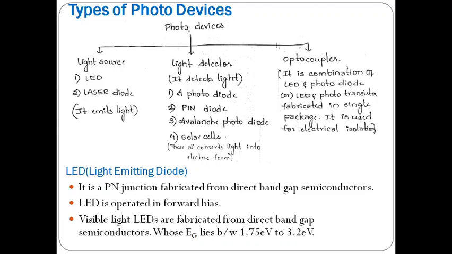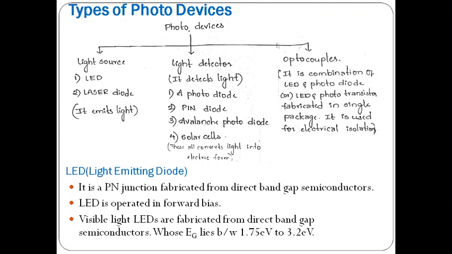These kinds of semiconductors are direct band gap semiconductors. In this, the electron is directly recombined with the hole present in the valence band, so that electron is not changing its momentum.